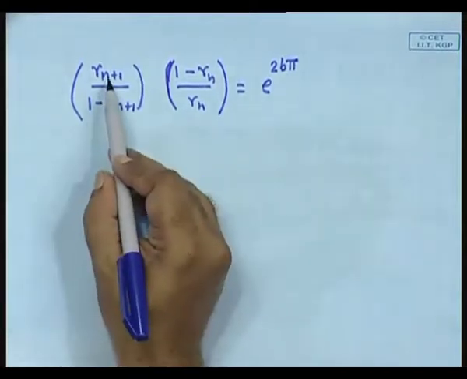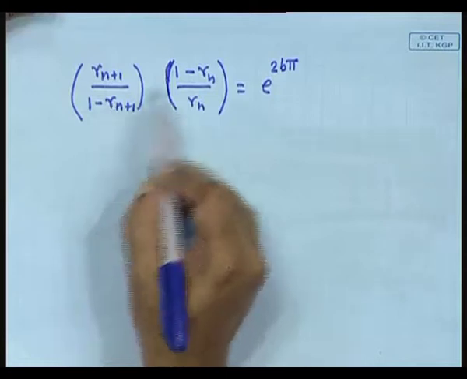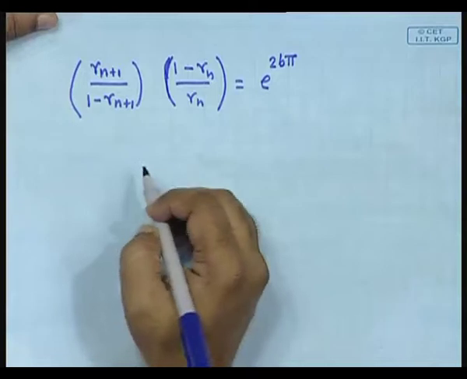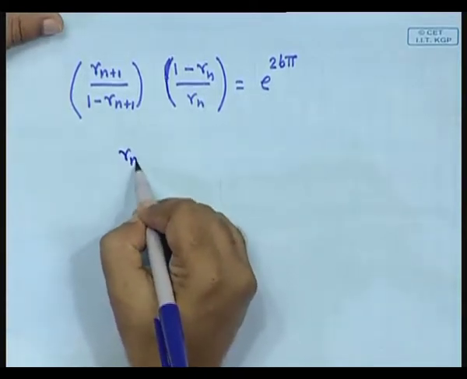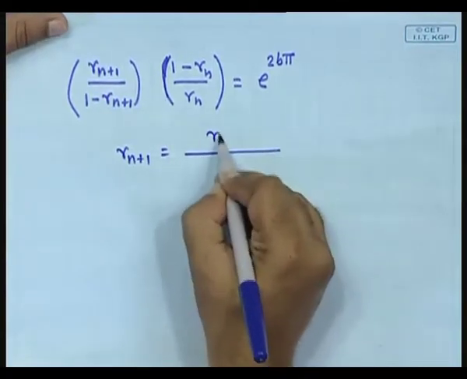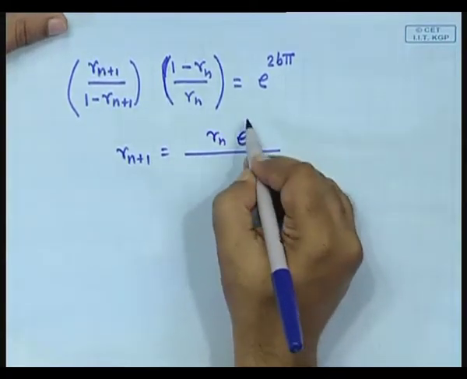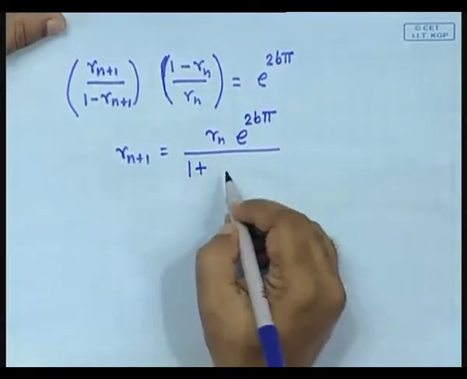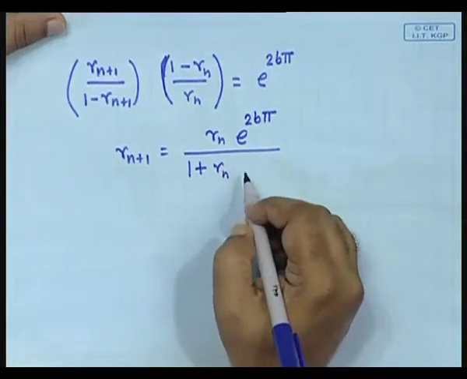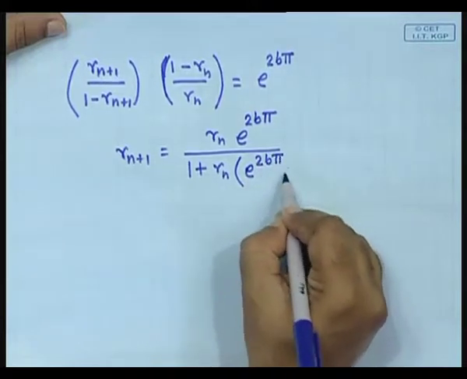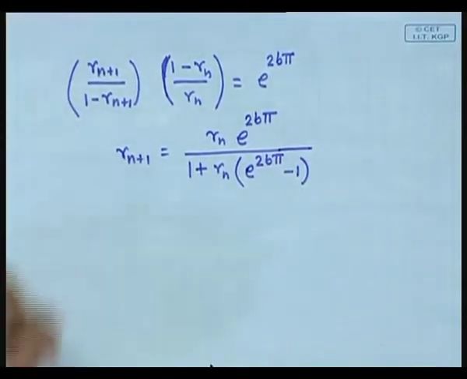So, from here we can easily extract Rn plus 1 in terms of Rn, just algebra from here. So, if you obtain it, you will get Rn plus 1 is equal to Rn e to the power twice b pi divided by 1 plus Rn times (e to the power twice b pi minus 1). Fine.